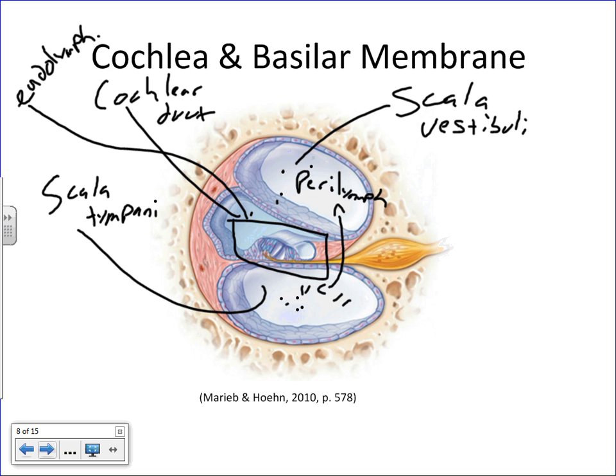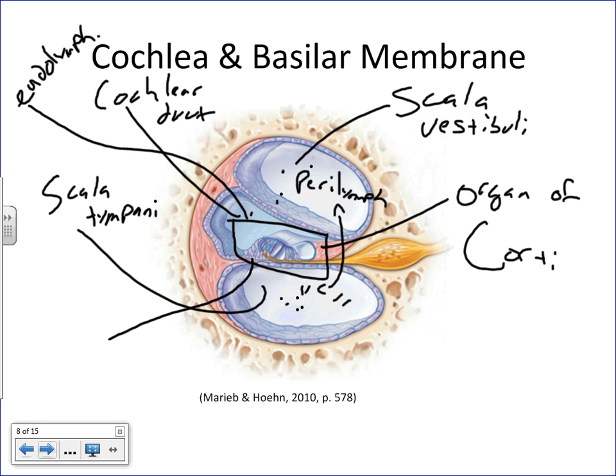Okay, now when we take a look at this, right here, we can break down the organ of hearing. This is called the organ of Corti. Okay, the organ of Corti. All right, and it's broken down into essentially two different membranes. Okay, it's broken down into a basilar membrane.